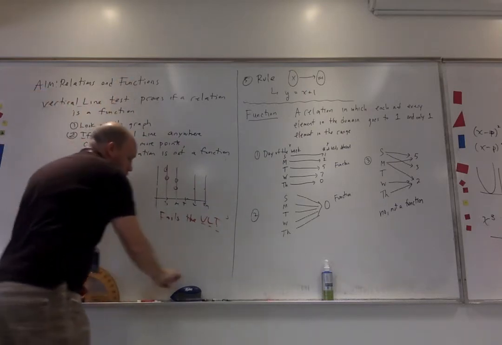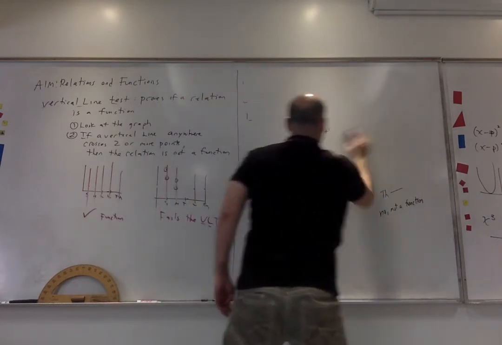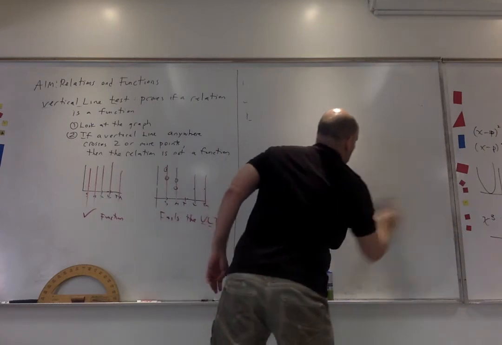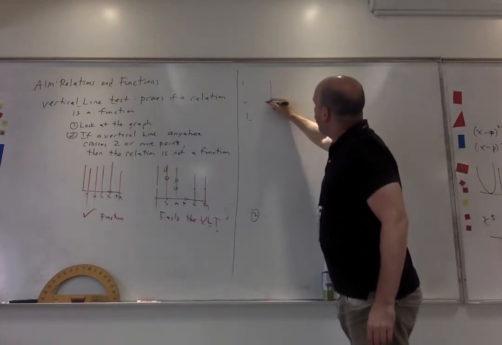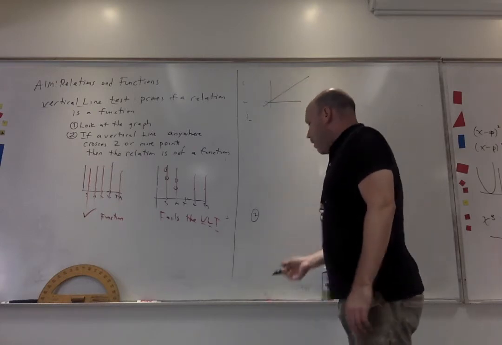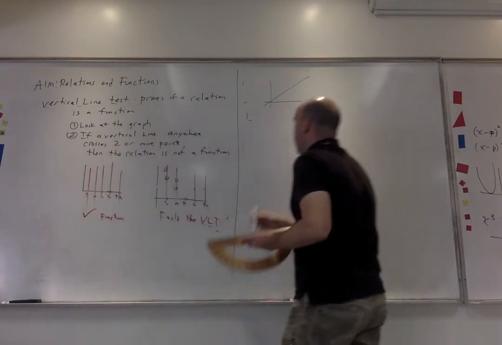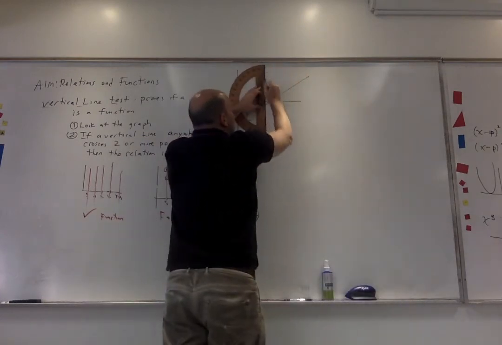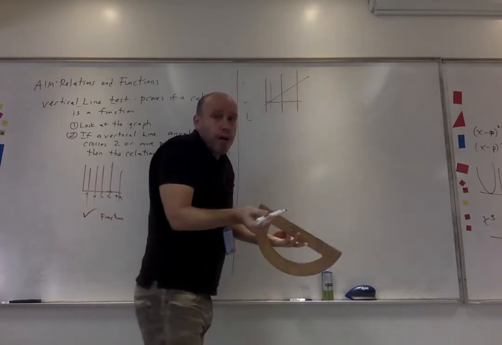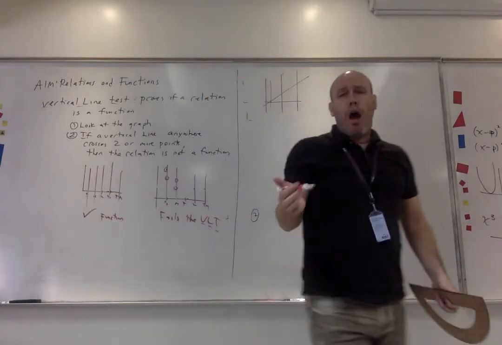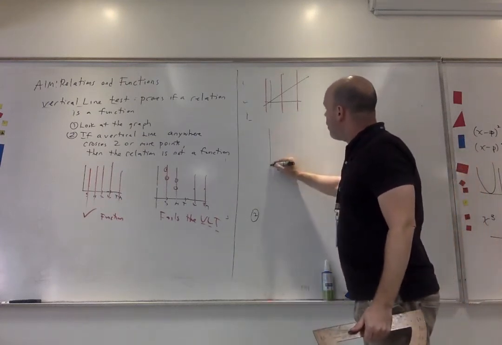Also, I can give you pictures. So, for example, on a graph, let's say we have a line. Does any line pass the vertical line test? Yeah. I can just draw vertical lines. It passes, it passes, it passes. So we're good. Parabolas, it passes. What about a circle?